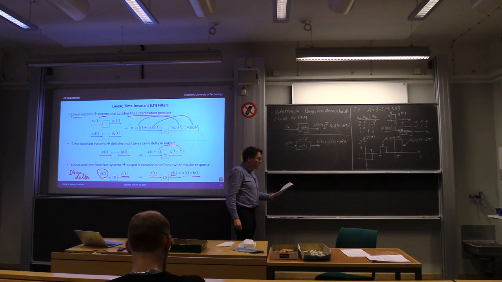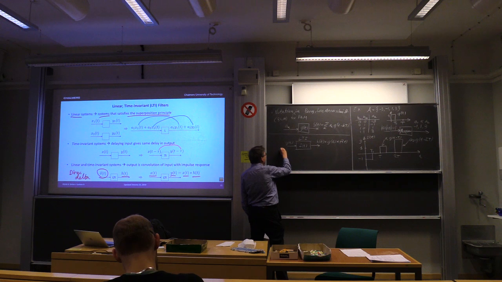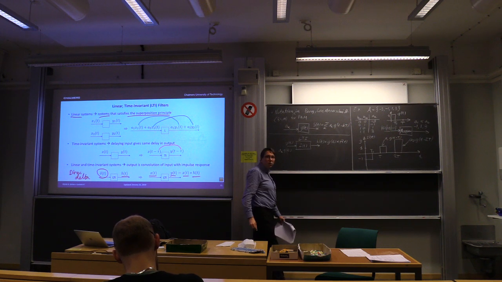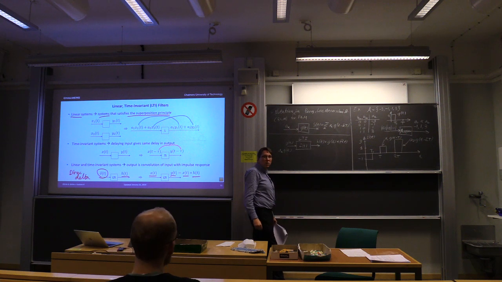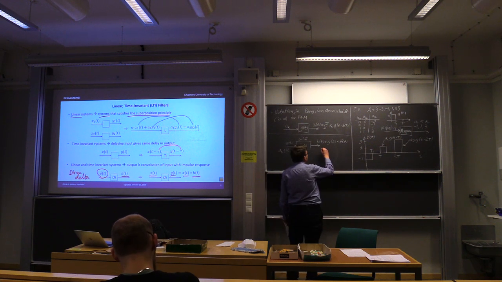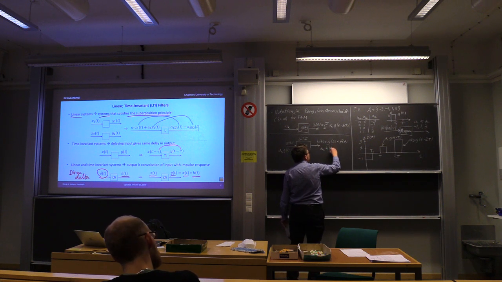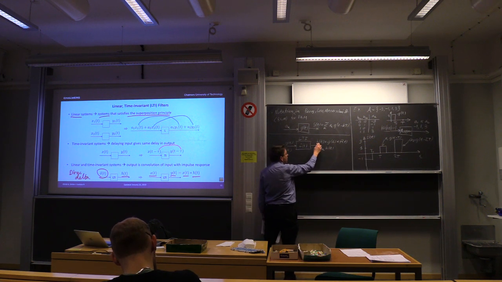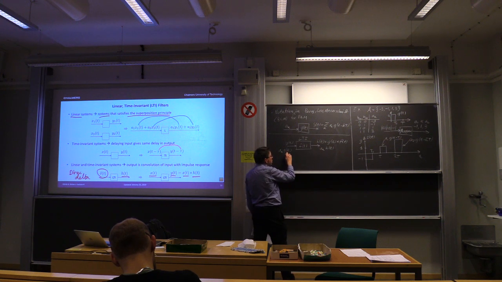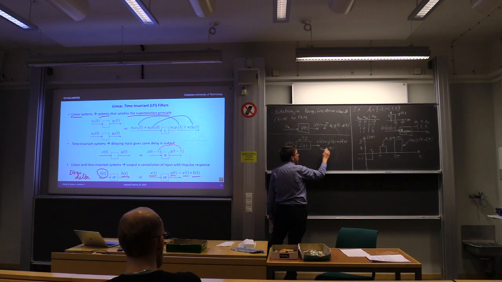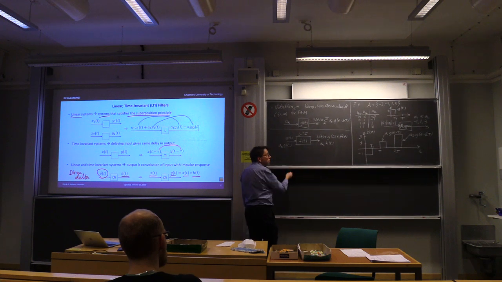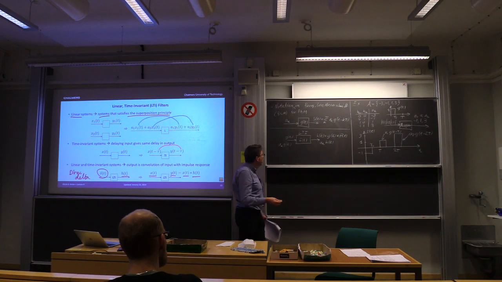Okay, sorry. So if I take a_k times g(t), what is the output? Well, since it's a linear filter, the output is a_k times h(t). g gives h, a_k times g(t) gives a_k times h(t). So that's just the linearity of the thing.